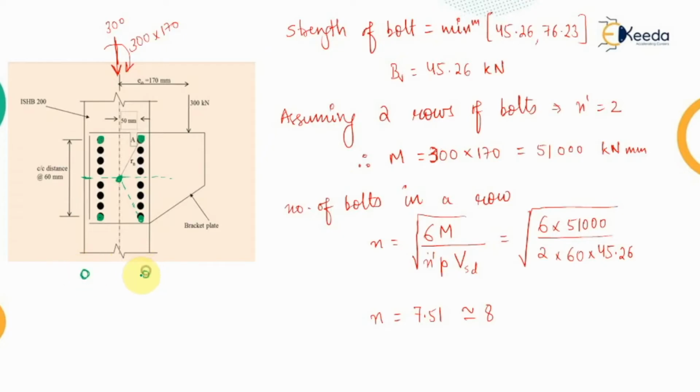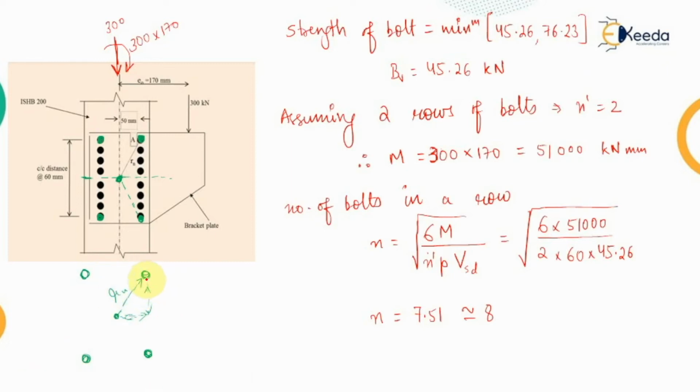If I represent only these 4 bolts, this is the centroid of the bolt group. The hypotenuse distance from the centroid to the particular bolt is similar for all the 4 cases, because the horizontal distance and vertical distance are similar for everyone. That means this R value will be the same for all the bolts.